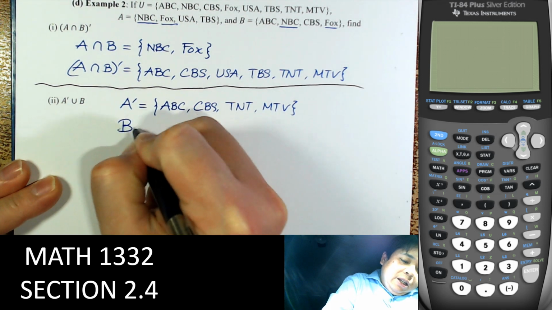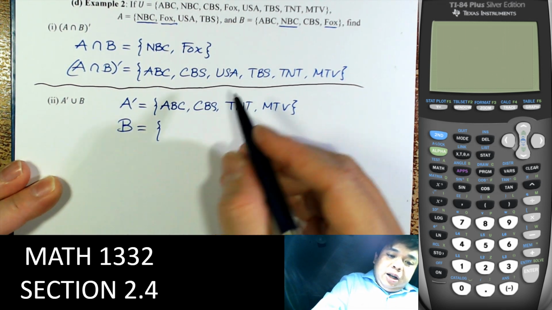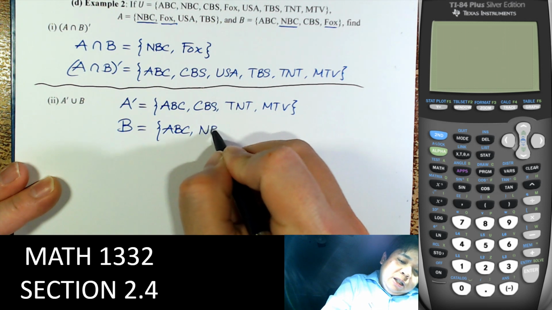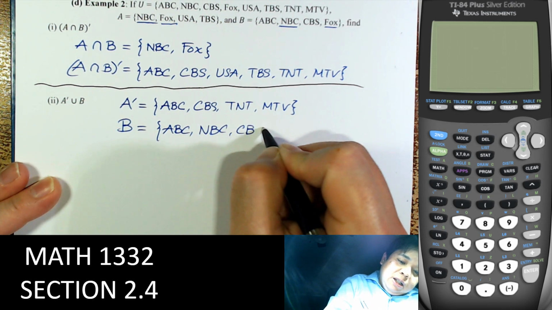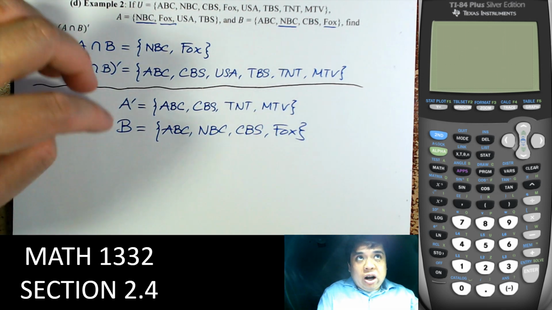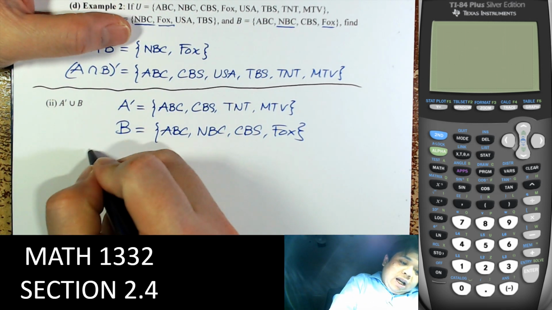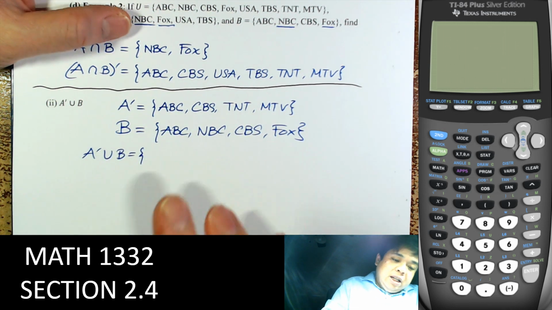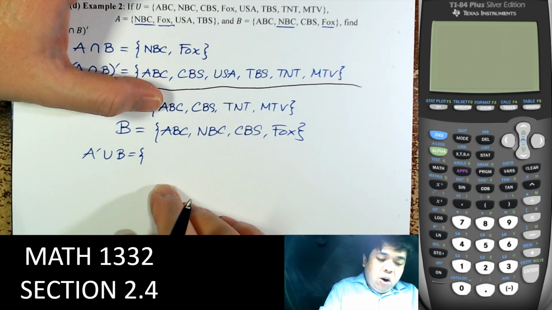Now then we have B: ABC, NBC, CBS, and Fox. And after that, we just write what the A complement union B would be. So in that case, it is in A complement or in B or both.